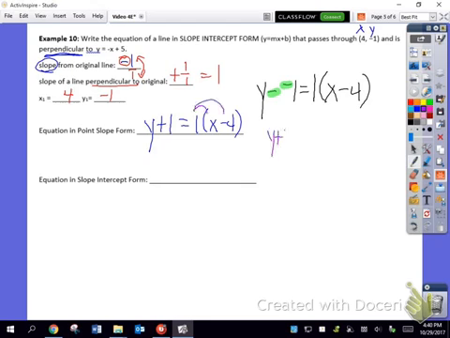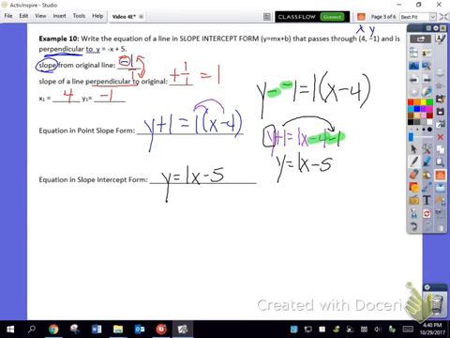So y plus 1 equals 1x minus 4. You got to solve for y, so positive 1 becomes a minus 1. So y equals 1x, and then negative 4 minus 1 is a negative 5. So y equals 1x minus 5. And you're done.